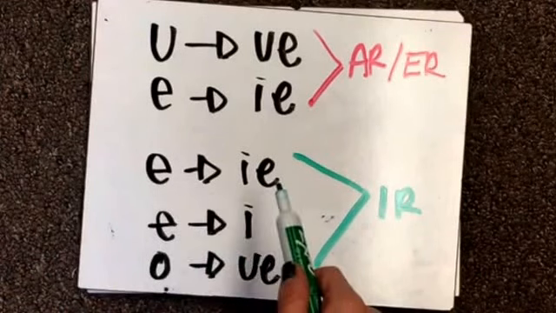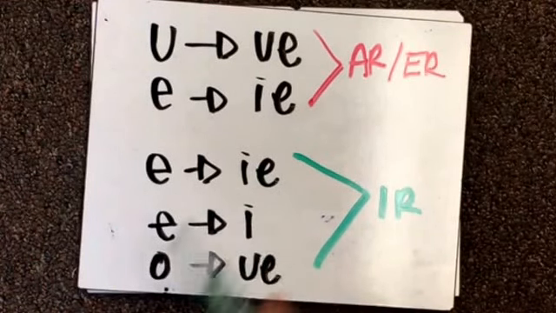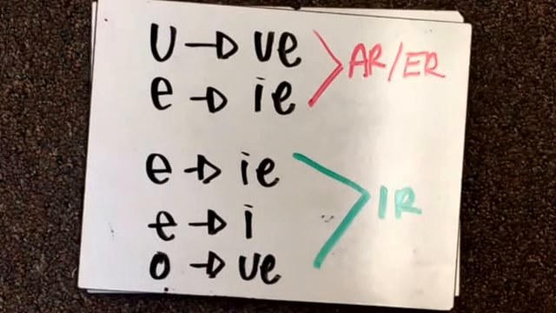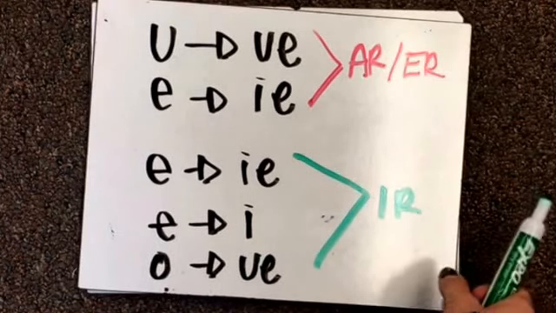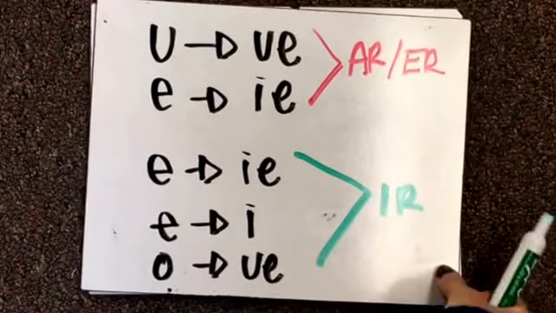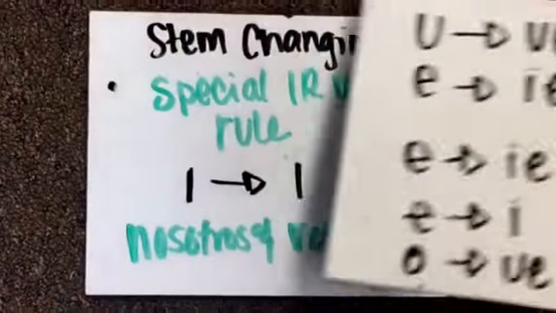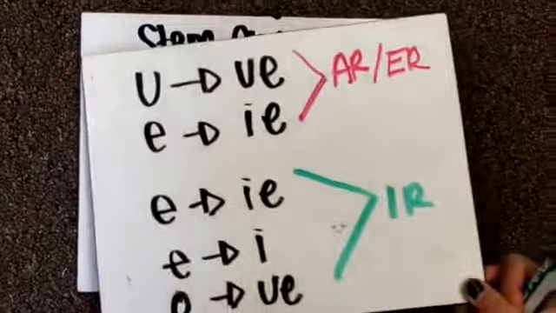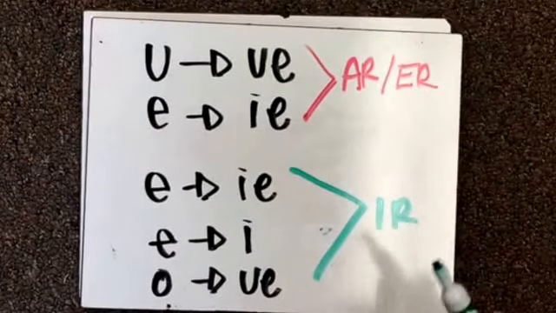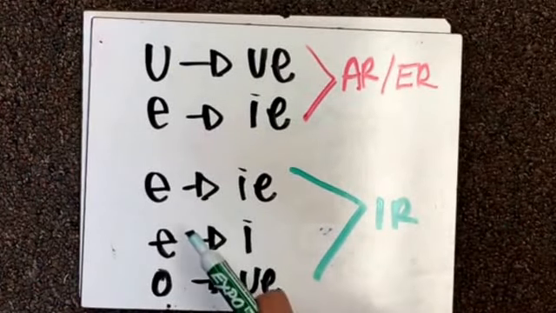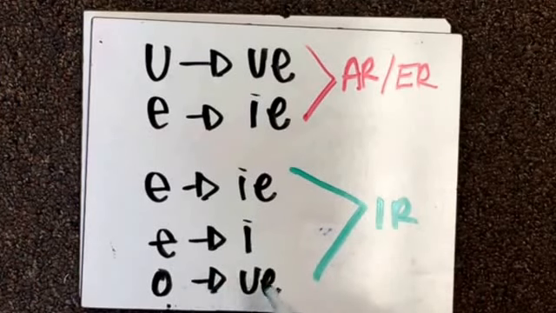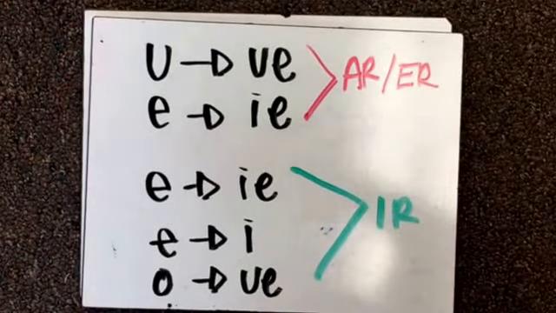We have E to IE, which is 1 to 2 letters. We have E to I, which is 1 to 1, and we have O to UE, which is 1 to 2 letters. But in the nosotros and vosotros forms, they're only going to stem change one letter to one letter. So we need to keep an eye out for E to IE and O to UE stem changing verbs.